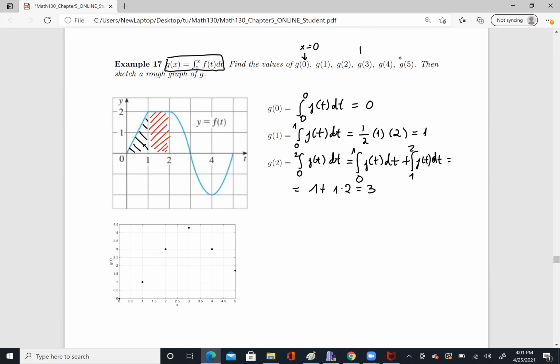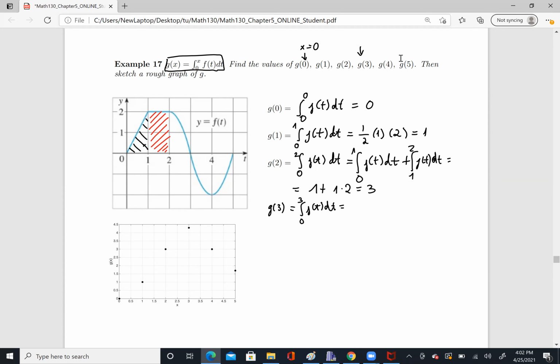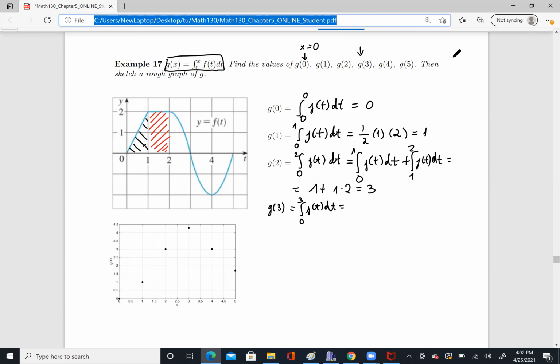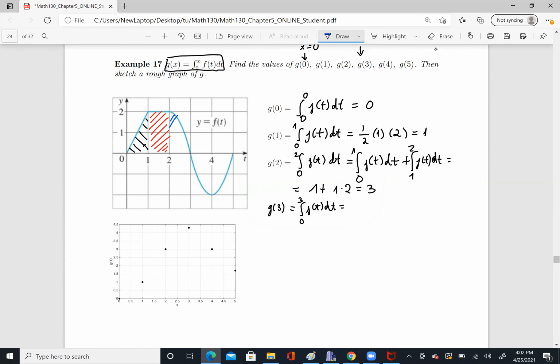We also have to find g of 3. G of 3 is the integral from 0 to 3 of f of t dt. That area includes the area from 0 to 2 and the area under the curve from 2 to 3.